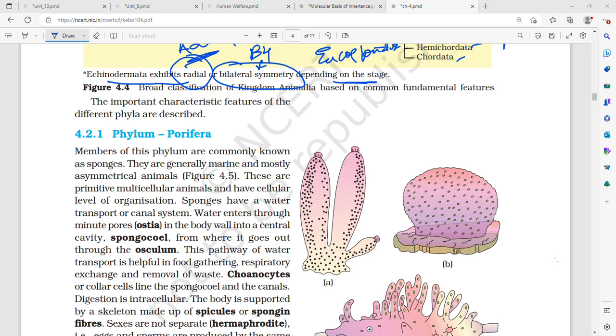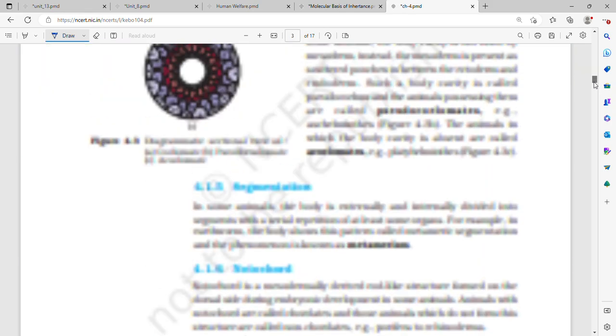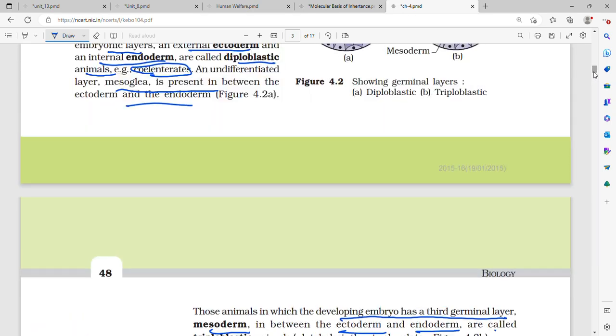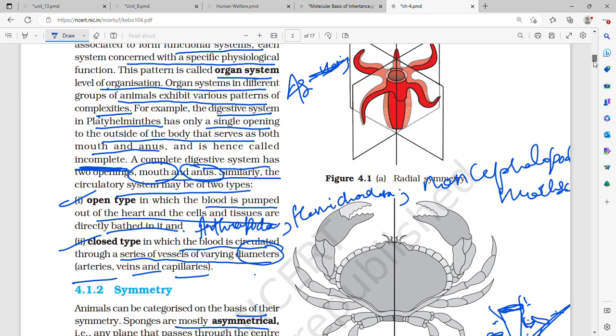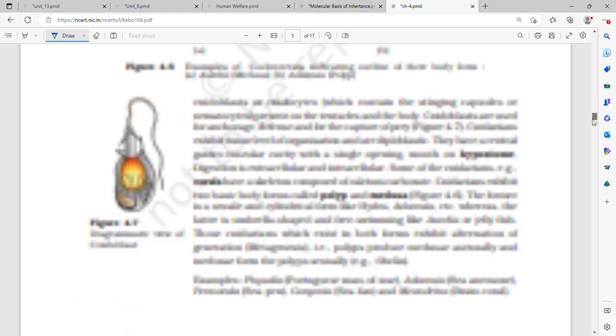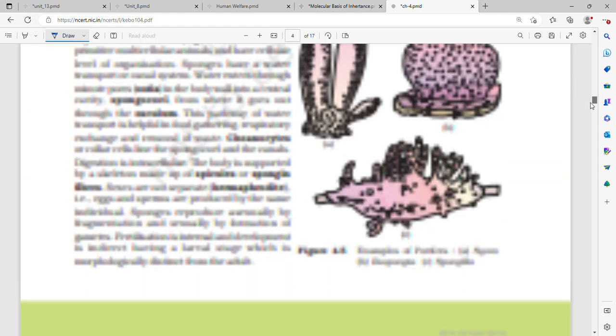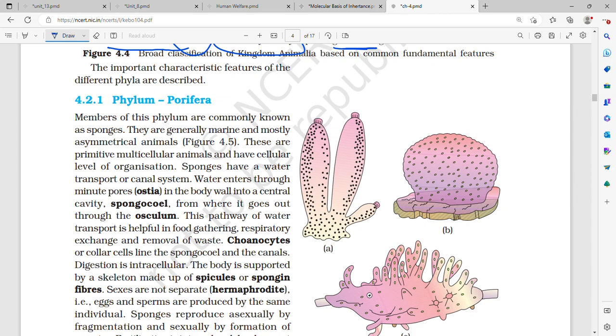That is, blood directly from the heart pumps the blood, and the cells and tissues are directly bathed in it. Then your body symmetry.